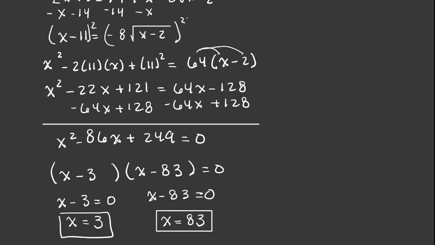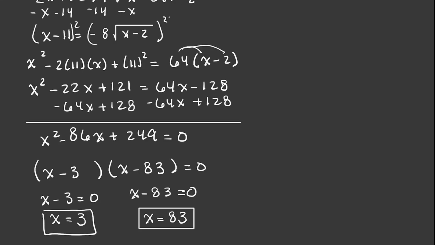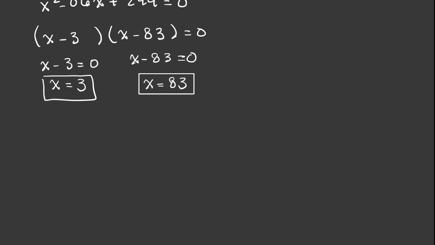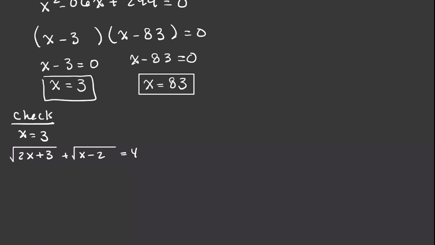However, in order for us to say that both of these solutions work, we need to check our answers by plugging in these x values into my equation. So let's check our solution. So let's start with x equals 3. Every x I see, I am going to input a 3.